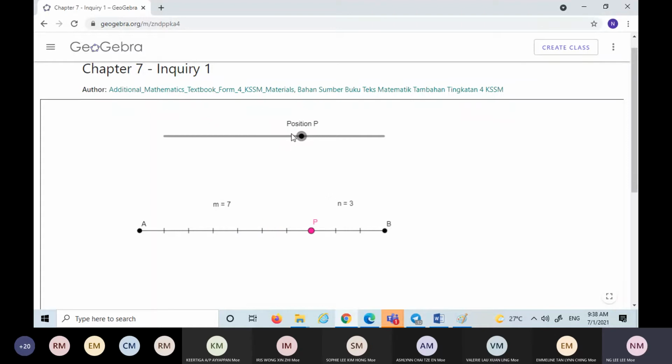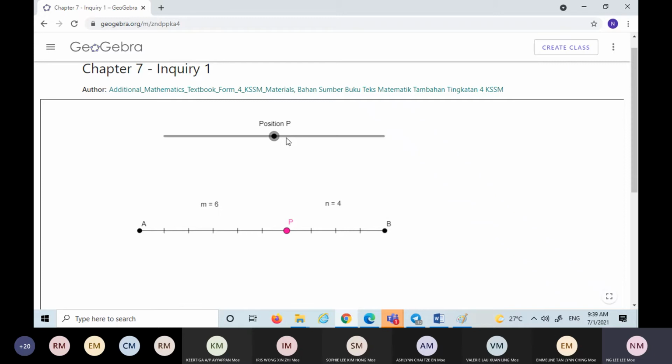Now 6, 4, now 7, 3, now 8, 2. M and N is the ratio of the length of AP and then PB. I repeat, M and N is the ratio for the length AP and then PB. So if I move P, the ratio also will be different.